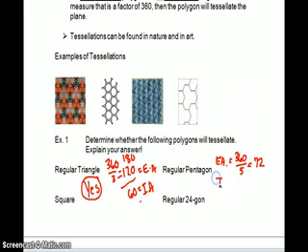Our interior angle is going to be 180 minus 72, which equals 108. And if we try to divide that into 360, that's not going to work. So since this is not a factor of 360, this does not tessellate the plane.